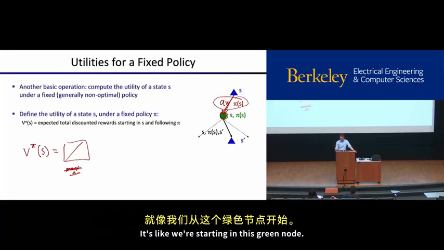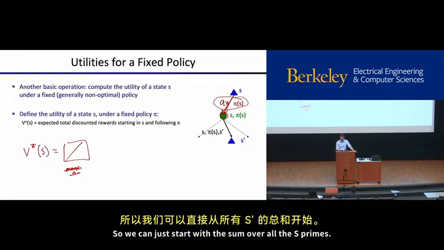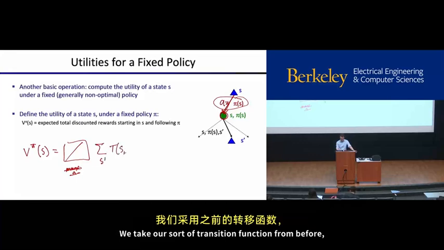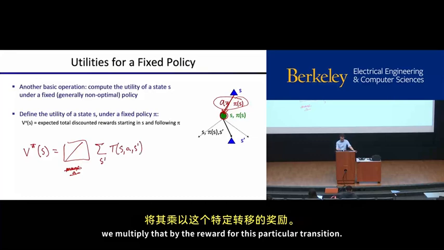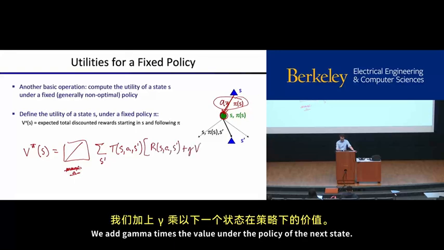It's like we're starting in this green node. So we can just start with the sum over all the s primes. We take our transition function from before. We multiply that by the reward for this particular transition. We add gamma times the value under the policy of the next state.